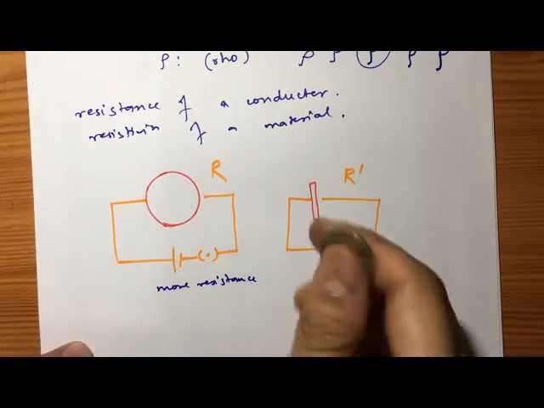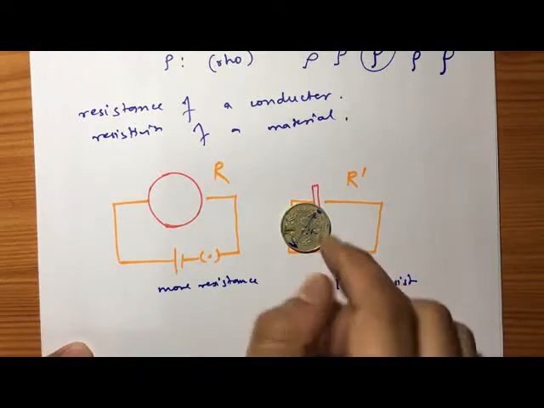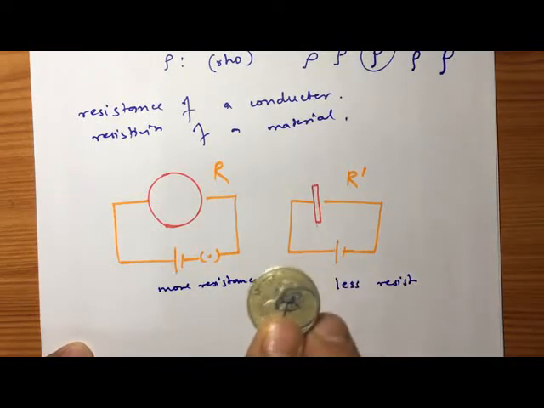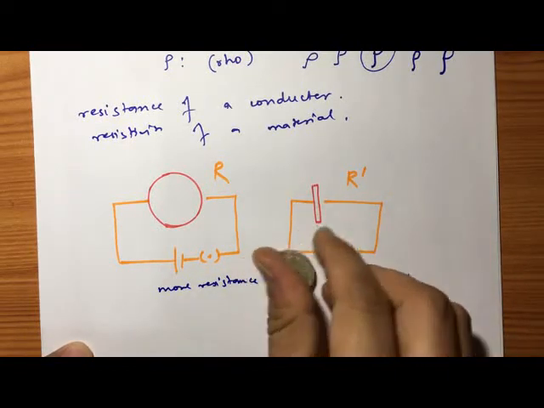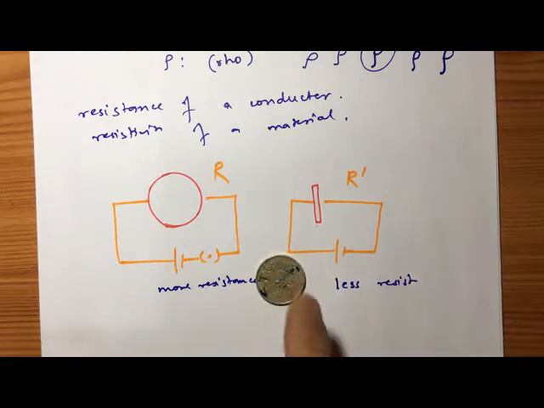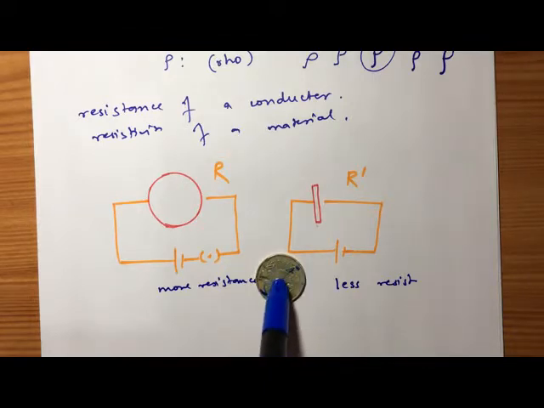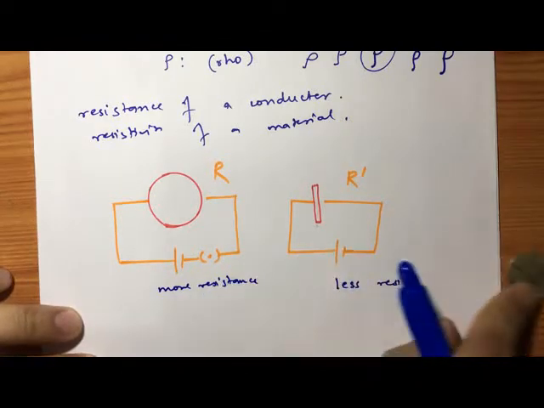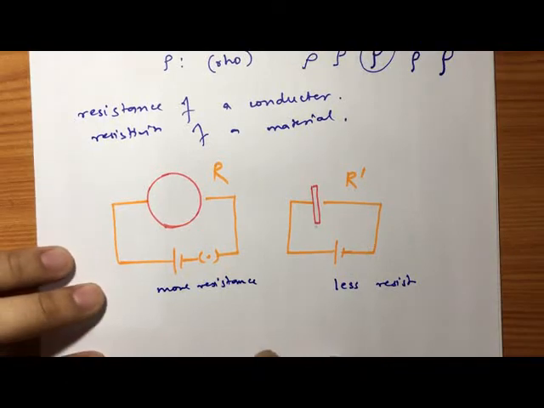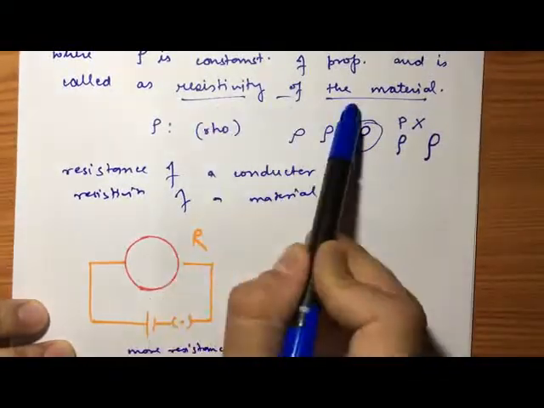But what about the material of this coin? Suppose that it is made of steel. Then what can we say about the steel? We need to know the specific resistance of the material. For considering the steel, we should know the specific resistance of the material, and that specific resistance is called the resistivity of the material.